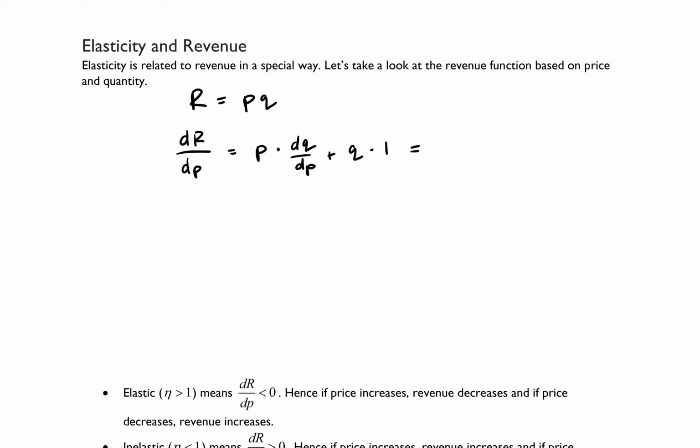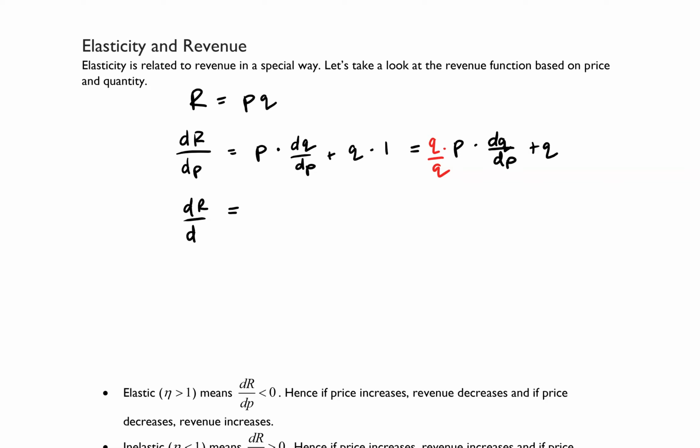So I'm just going to rewrite this as p times dq/dp plus q. And I'm going to just do this weird thing where I multiply this by q over q. And I can do that because q over q is 1. And I'm just going to rewrite this a little bit differently.